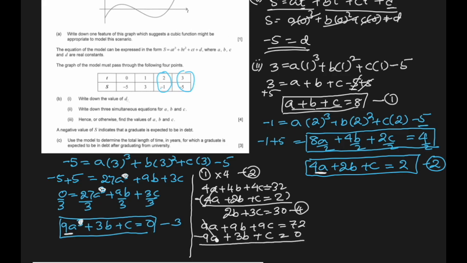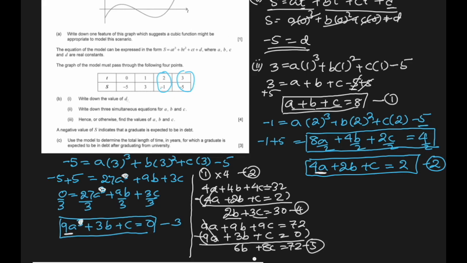Subtract, cancel. 9b minus 3b is 6b. 9c minus c is 8c equal to 72. This is equation number 5.